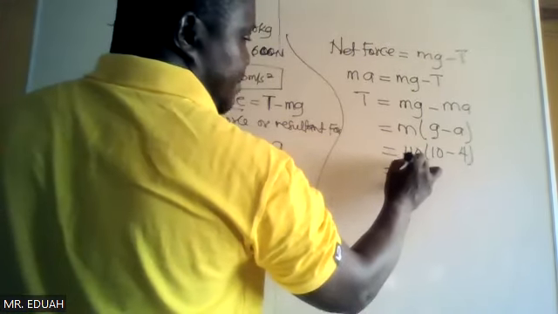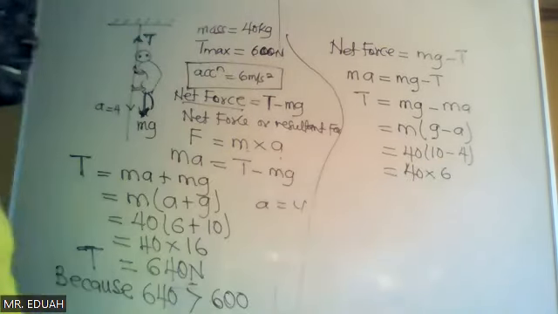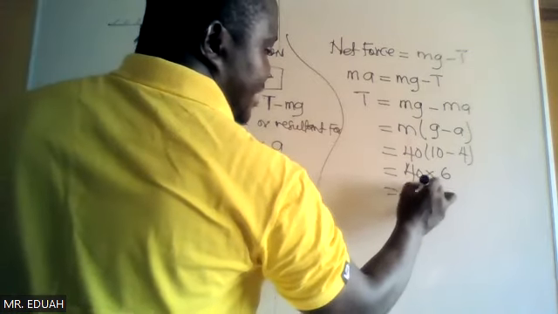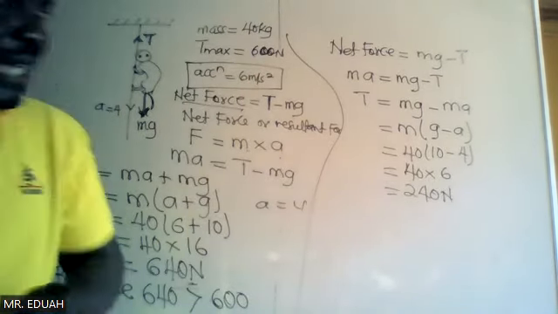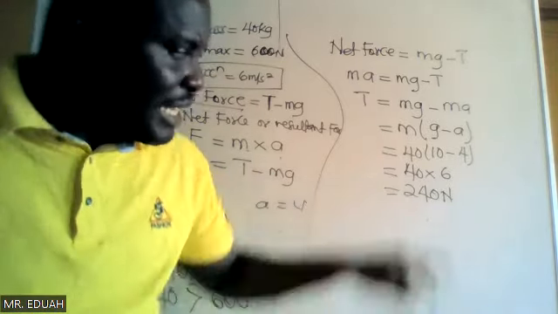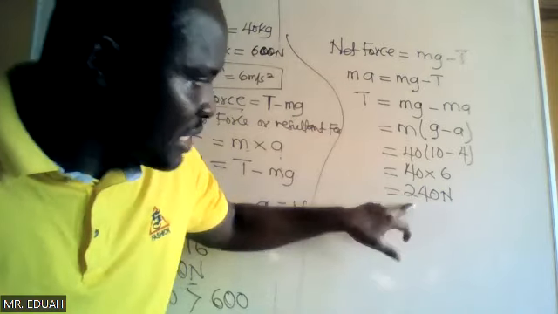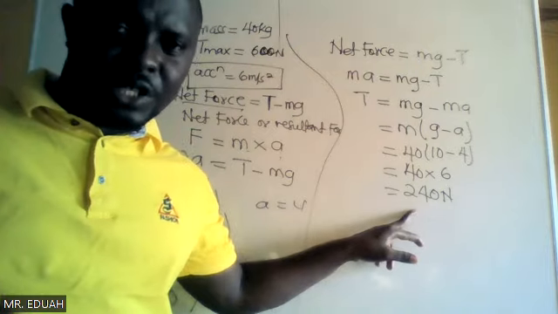So we have 40 by 6, and this is 240 Newton. So for the monkey to climb down by that magnitude of acceleration, the tension to support this acceleration downwards must be 240.